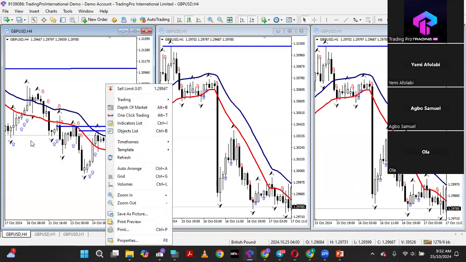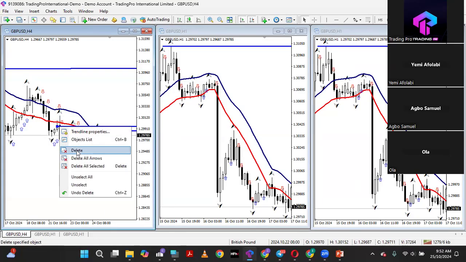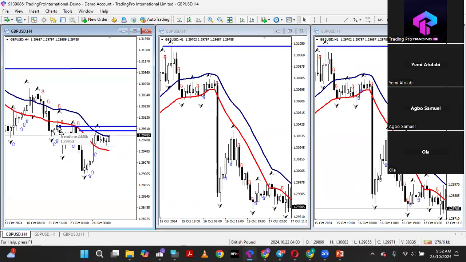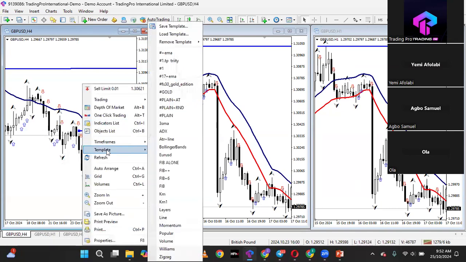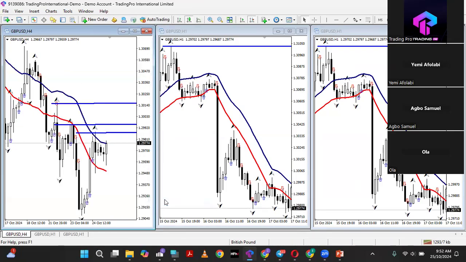But if you want to easily find this, I'm trying to remove these horizontal lines so that it will allow me work.